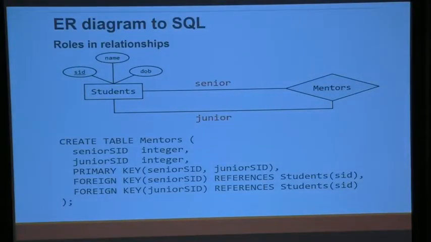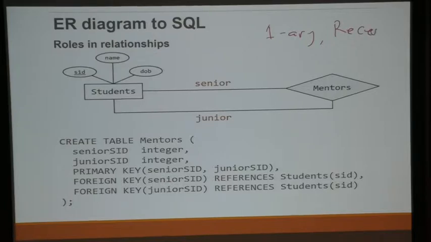So the next one is that some textbooks call this a recursive relationship, where the same table appears twice in that relationship. So the same entity appears twice in the relationship set. Or you can also think of it as a one array, or some textbooks put it as recursive.